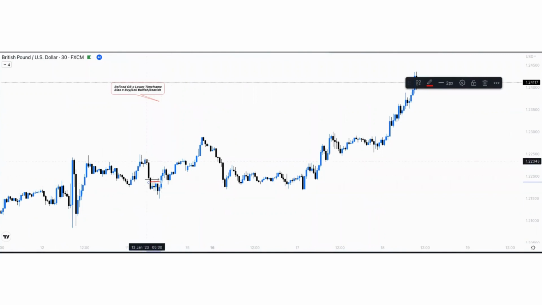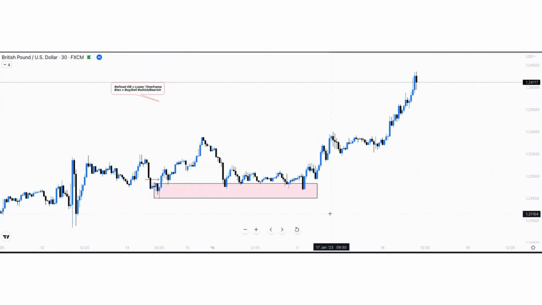For example, this is a bearish move and then it changed its character to the upside. When it changes and has a significant move to the upside, it creates a demand, right?